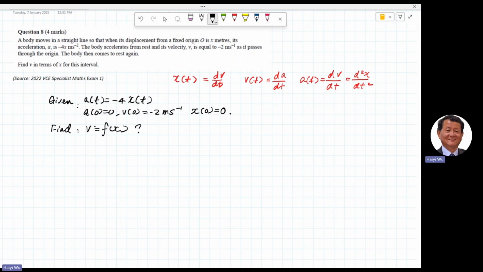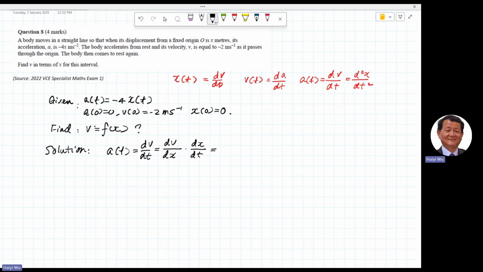So let's solve this question. I'm going to start with a = dv/dt, and also use dv/dx times dx/dt. So I'm multiplying and dividing by dx, separating it into two steps of differentiation.